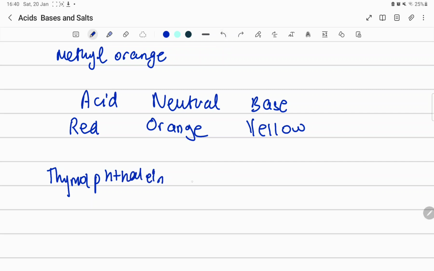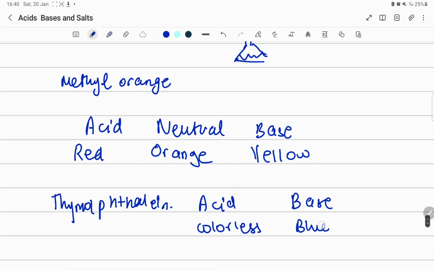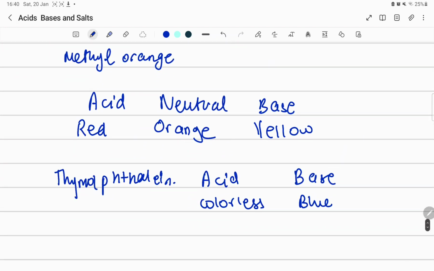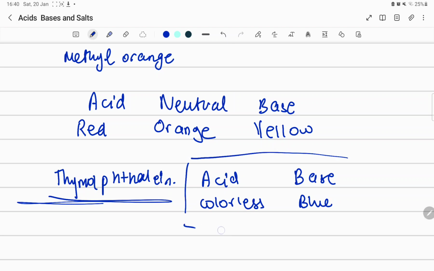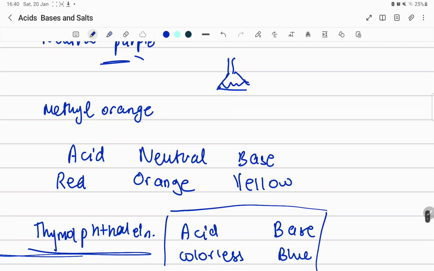This one is colorless when acid and blue when it is a base. Again, you need to know these colors, you need to have them memorized, and for your information, thymolphthalein, I hope I got that right, is a new addition to the syllabus, so it is likely that you are going to be tested with this indicator now. And by the way, all of these are indicators. They indicate if you have your acidic substance or if you have your basic substance.